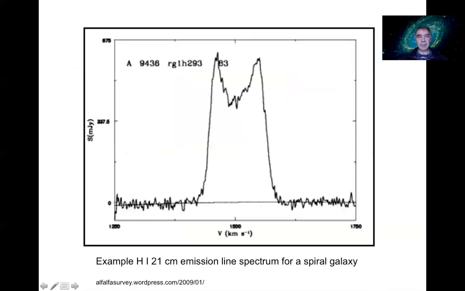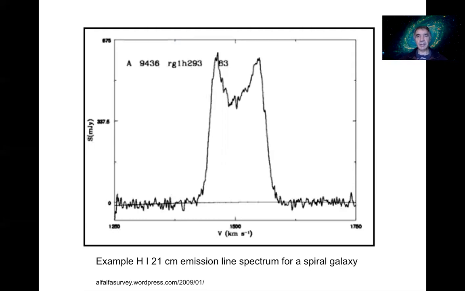So here's an example. Don't worry about all the blurb on here. It's been put into a velocity scale, so the Doppler effect has been used to translate frequency or wavelength into velocity, as is often done. But the idea here is you can see an emission line. This is when a radio telescope has been pointed at an entire spiral galaxy, like the one behind me here.